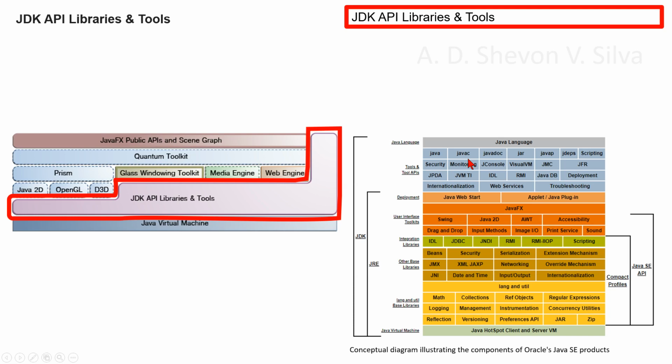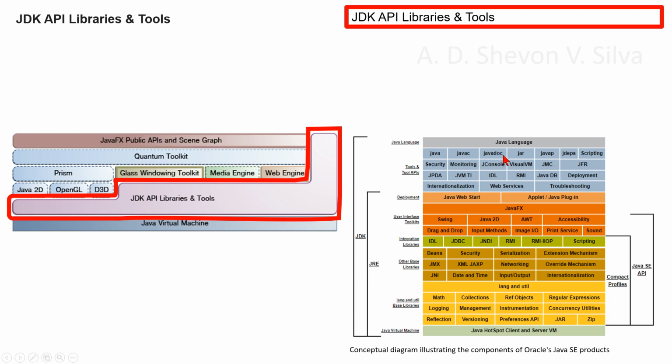The compiler is a command line tool but can also be invoked using the Java Compiler API. The compiler accepts source code defined by the Java Language Specification, JLS, and produces class files defined by the Java Virtual Machine Specification, JVMS.